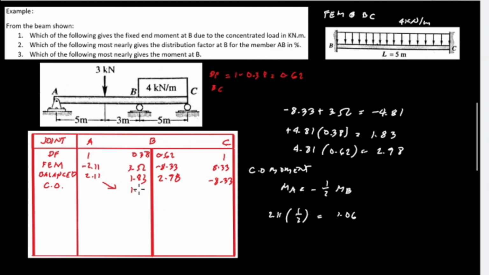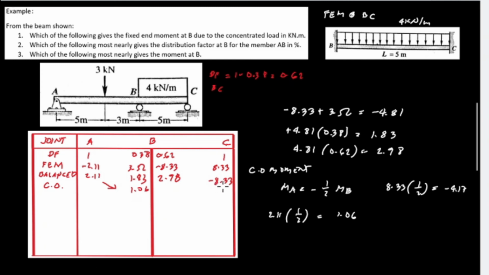And this is the carryover from A to B. That's 1.06. From joint C, we have a negative 8.33, and we will be using the carryover moment, the value 8.33, multiplied by 1/2, and equivalent to negative 4.17.